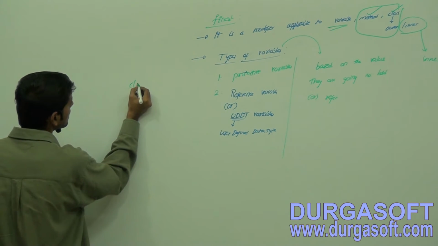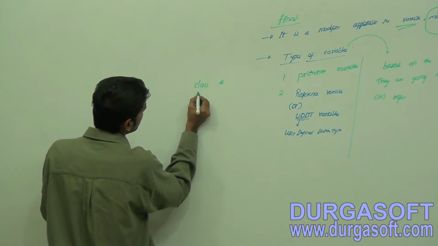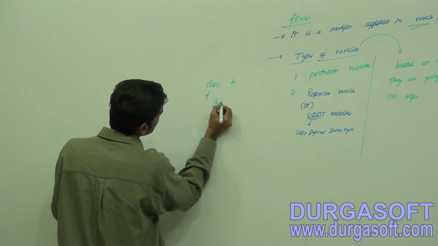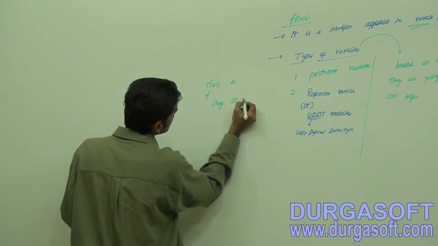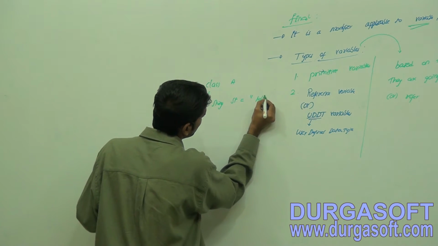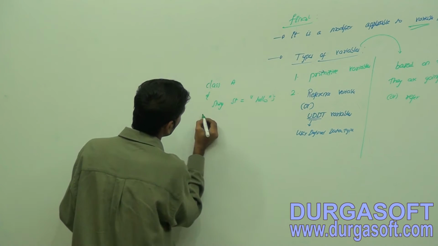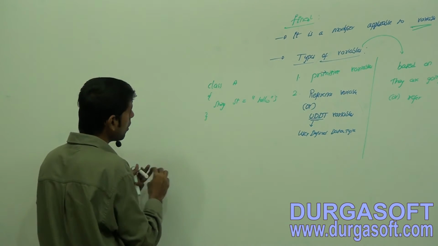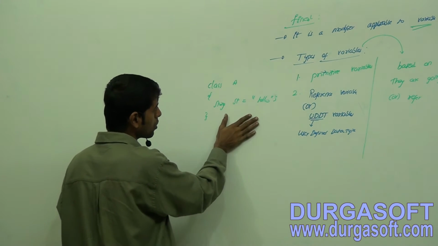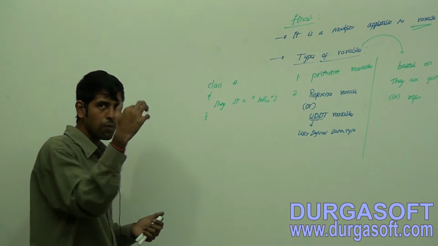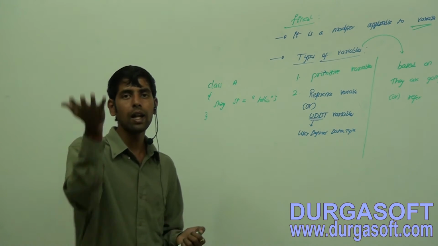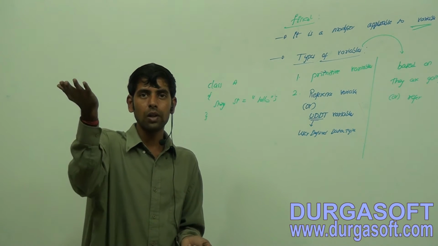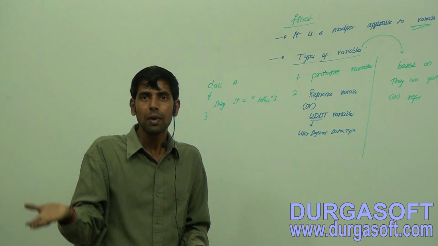Class A. Let it have one data member, String st equals hello. Getting? Now how to create a user defined data type value or constant value or user defined data type literal?